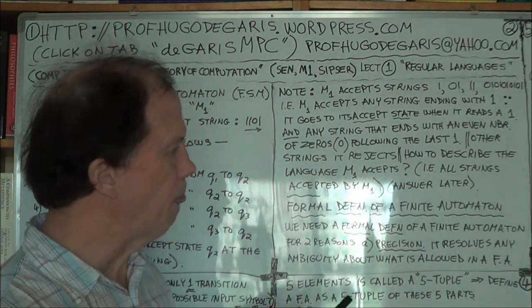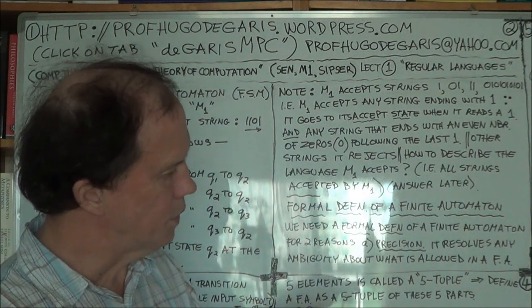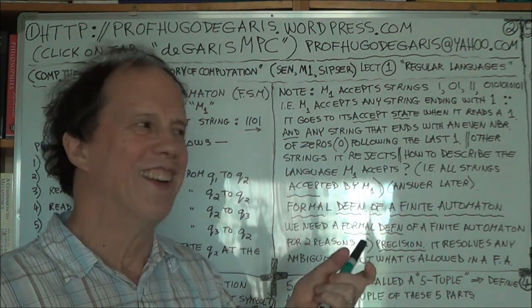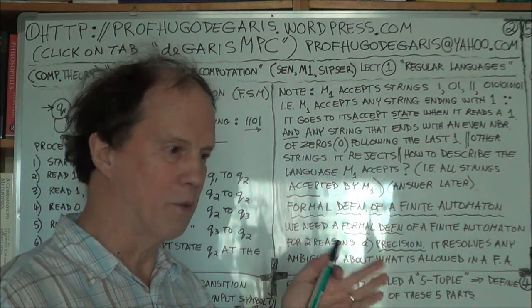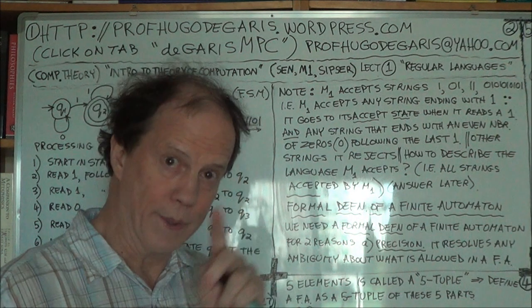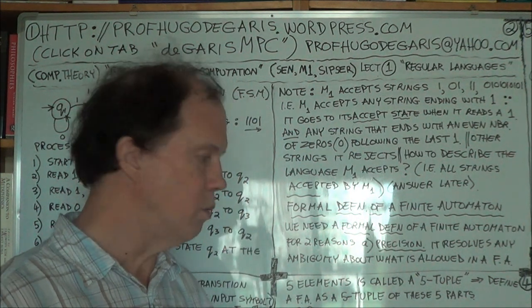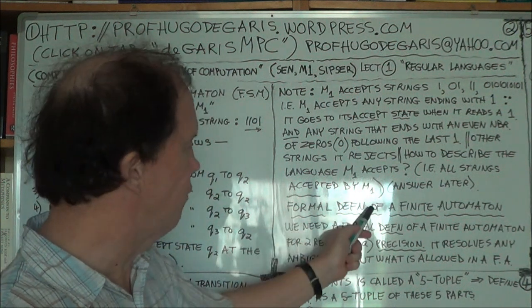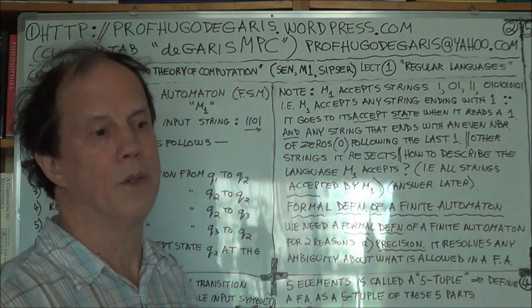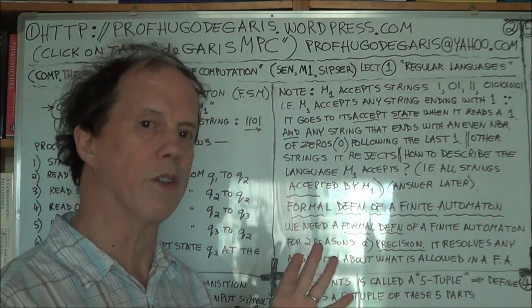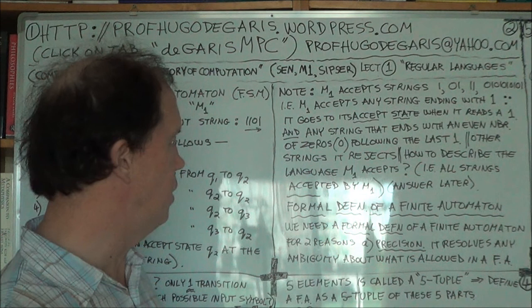Now, in a couple of sessions, we'll start doing quite a few examples of finite automata, and we will use this formal definition to describe each one using the strict notation of this definition.